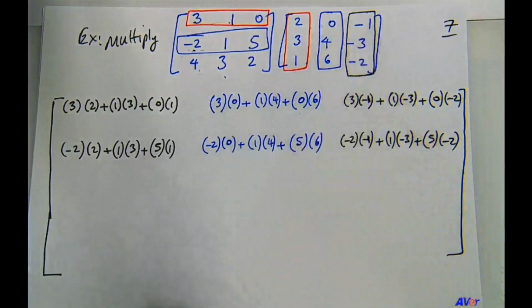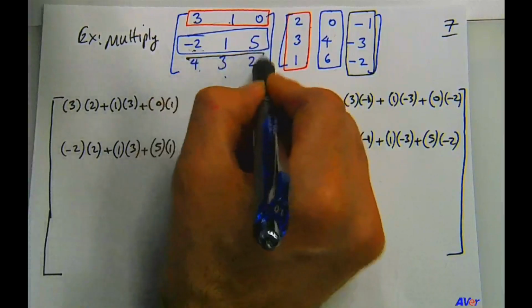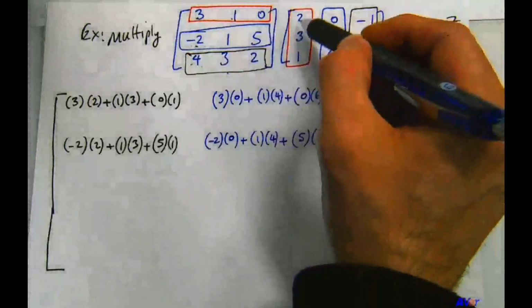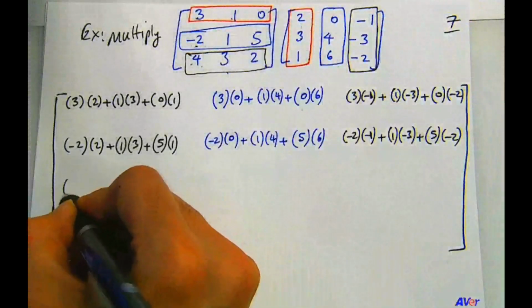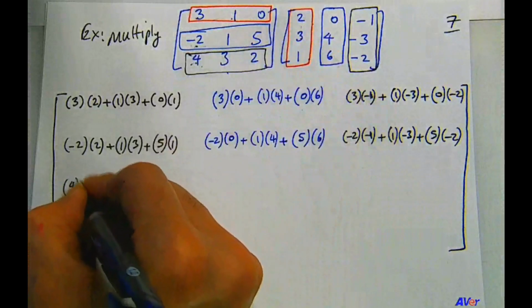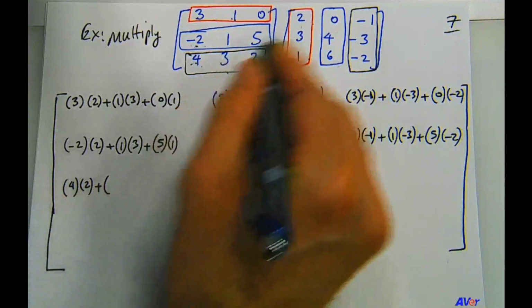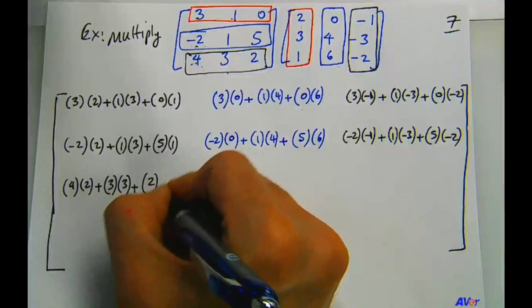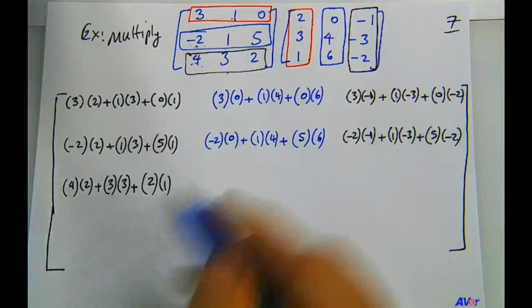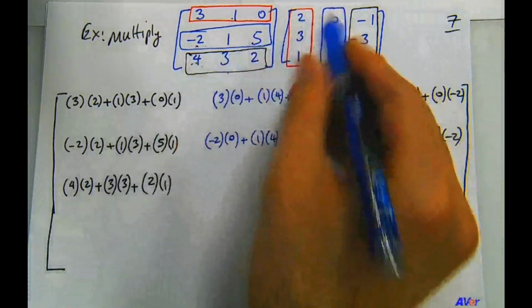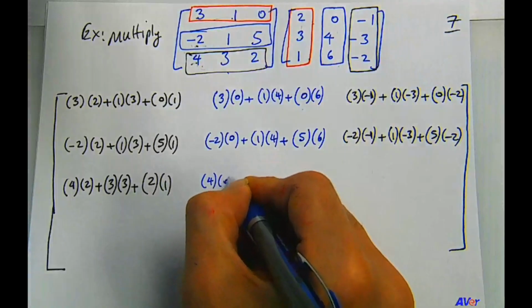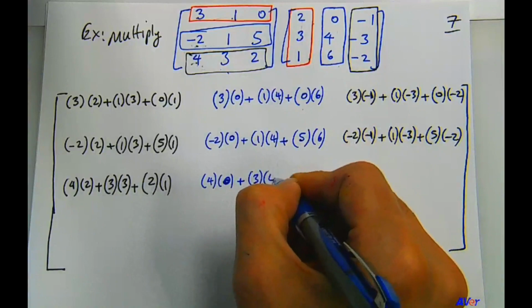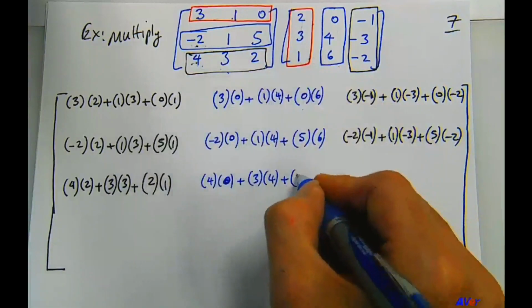We're out of columns, so we're going to switch to the bottom row. So this row multiplied by each column, right? Let's do that here. 4 times 2 plus 3 times 3 plus 2 times 1. Then the second column, 4 times 0, 3 times 4, 2 times 6.